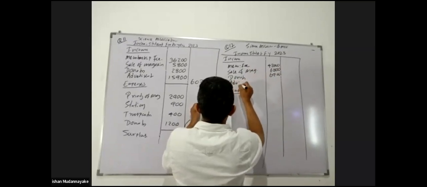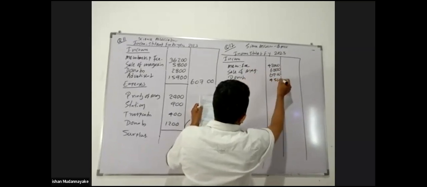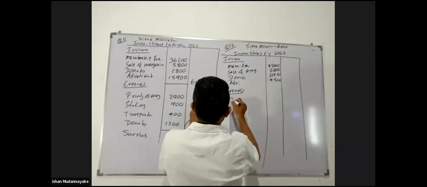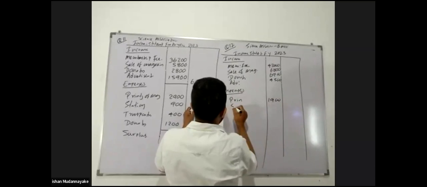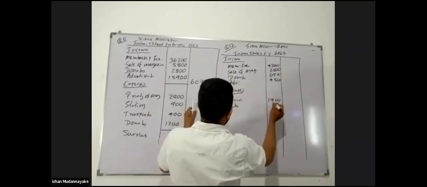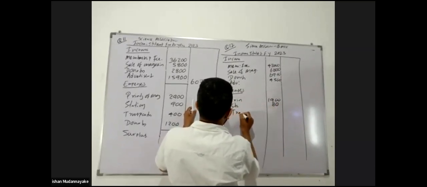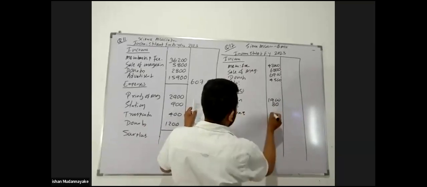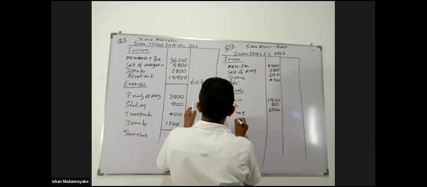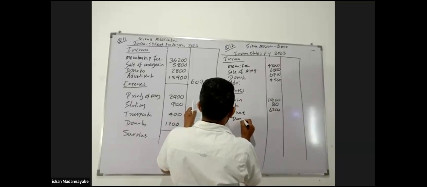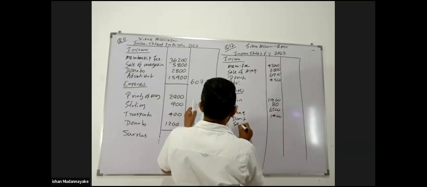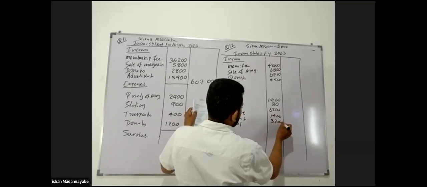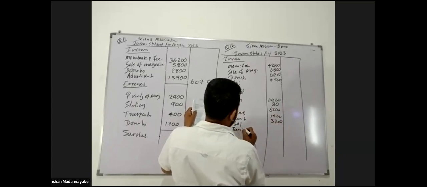Advertisement 4,500. Expenses: printing 1,900. Stationery 80. Transportation 6,200. Donation paid 1,400. Salary 3,200. Rent 1,200.